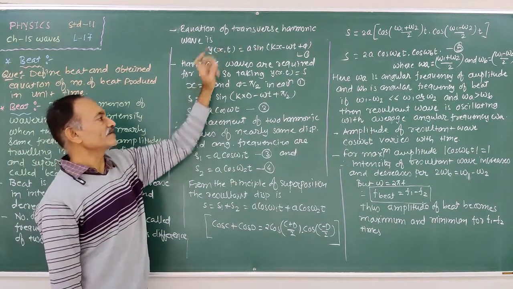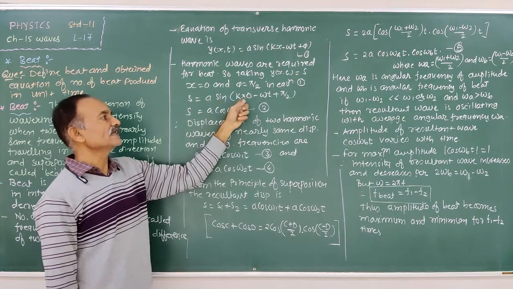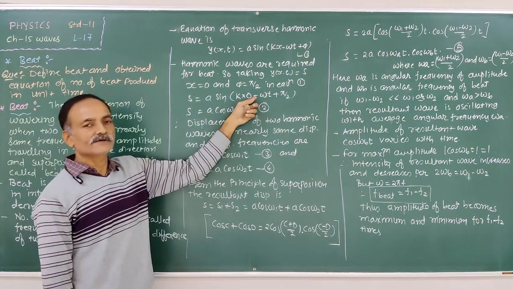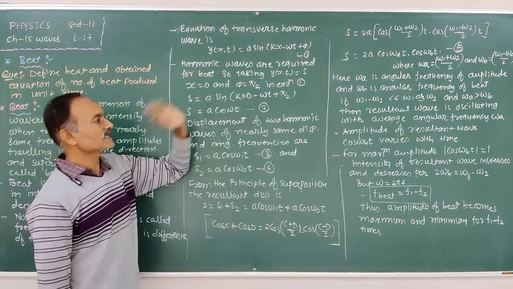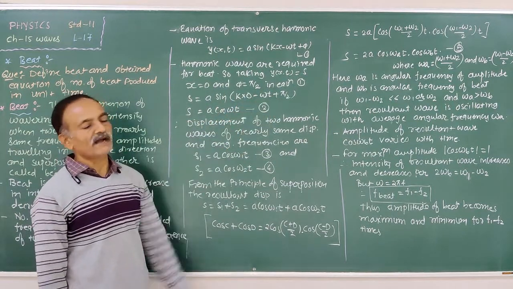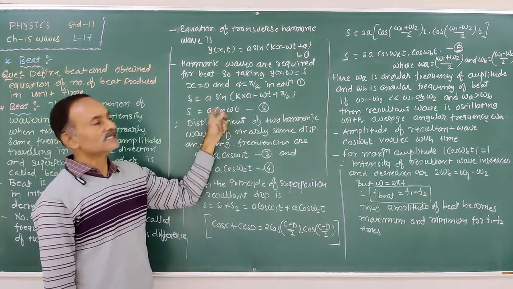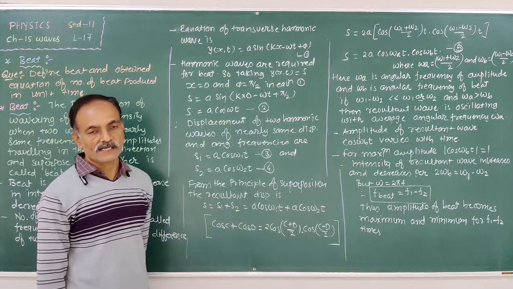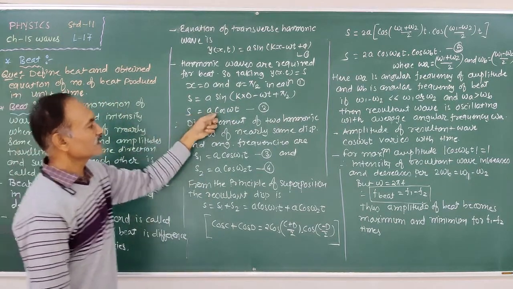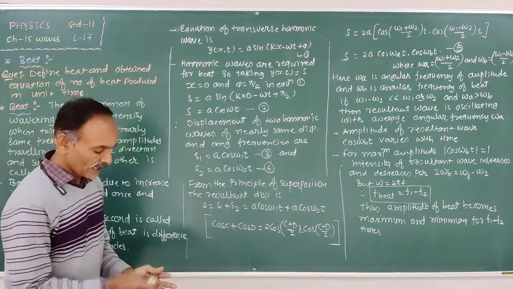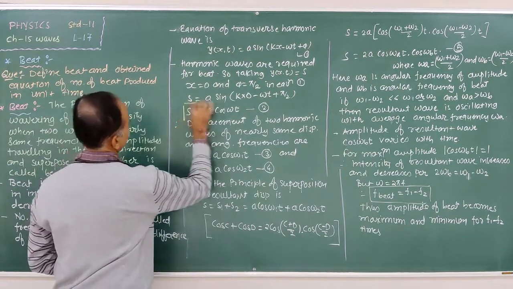Therefore, our equation reduces to displacement s = A sin(k·0 - ωt + π/2). The k term is cancelled, therefore we get ωt plus π/2, which gives the cos instead of the sine. Therefore, the equation of the harmonic wave is s = A cos ωt. That is the equation of the harmonic wave.